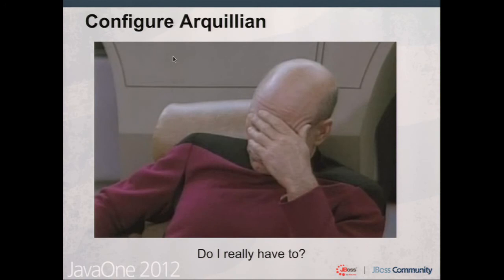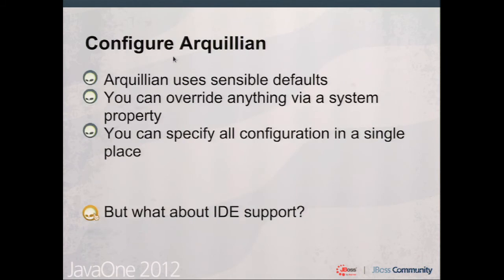I said that the usage of Arquillian should be much simpler. We are getting to the point that you might need to configure Arquillian as well. So the question is if you really need to. The answer is in most cases you don't actually need to. There are some sensible defaults. As you just pointed out, if you are using a single machine with different test runners, there might be an extra configuration.